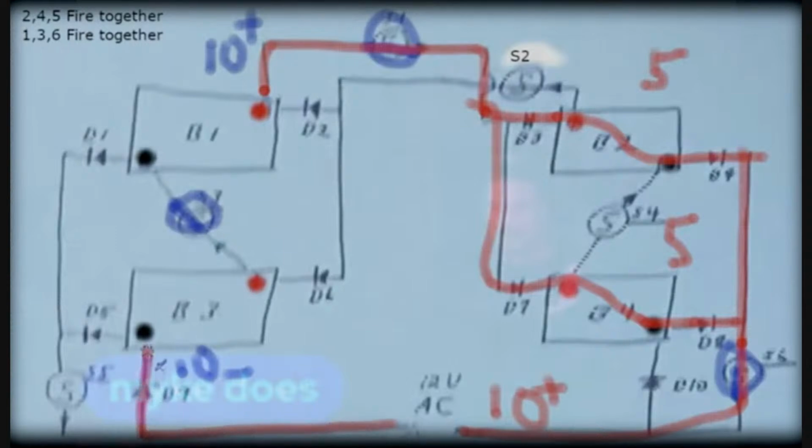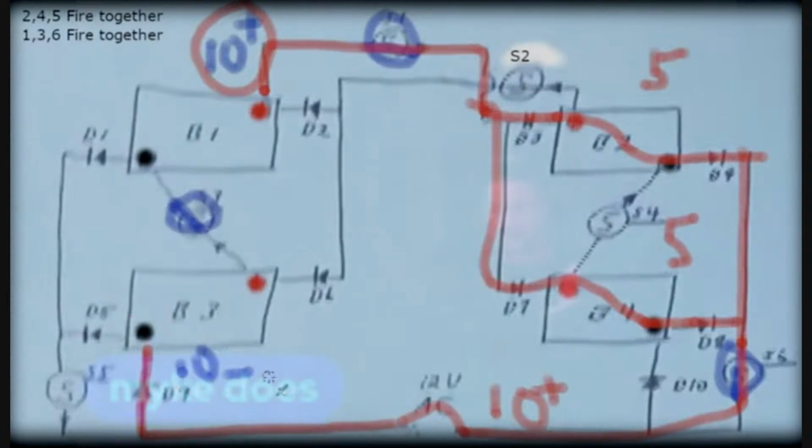Positive can go to here and cut across the load during this cycle, and so this positive 10 now can meet up with the negative 10, like I just drew it out here. Can meet up with the negative 10 right there.